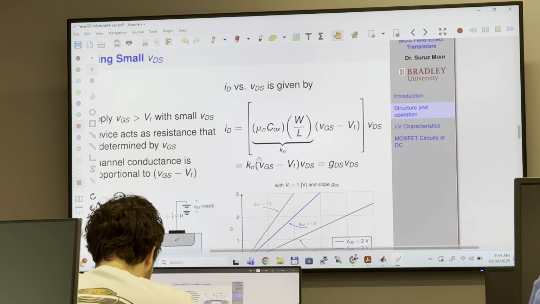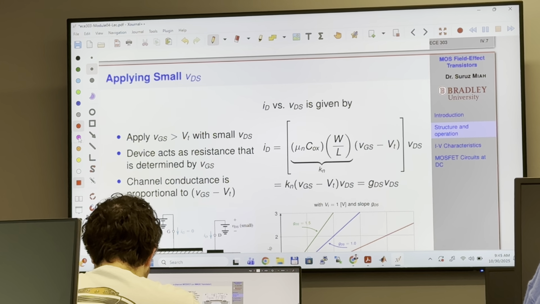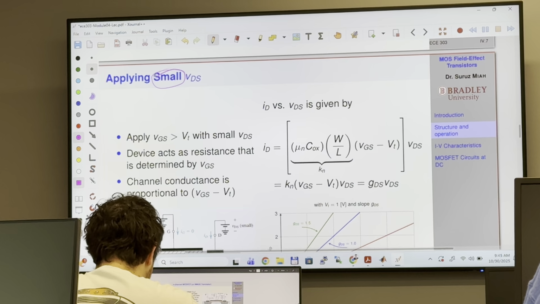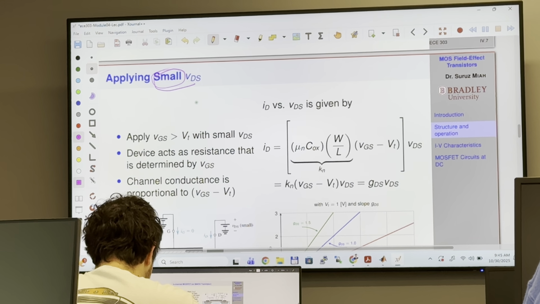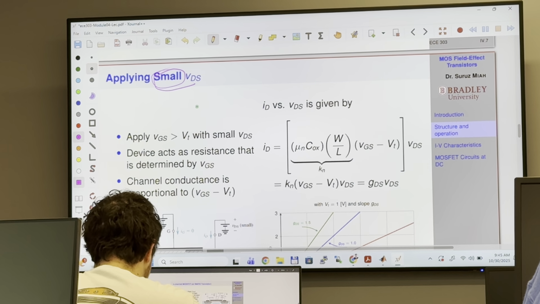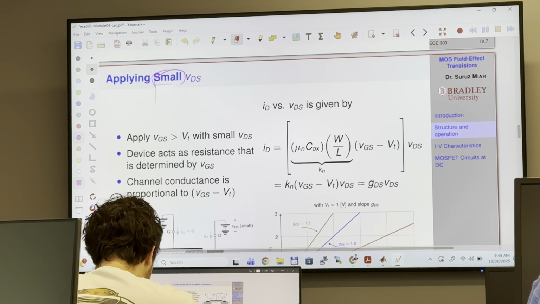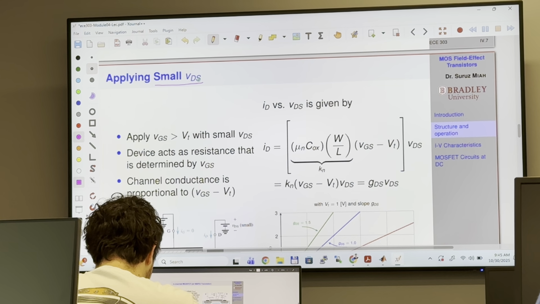Now, we apply a small VDS. The keyword here is small. VDS cannot be large. If VDS is large, there is a completely different mode. But the keyword here is that you apply a small VDS.